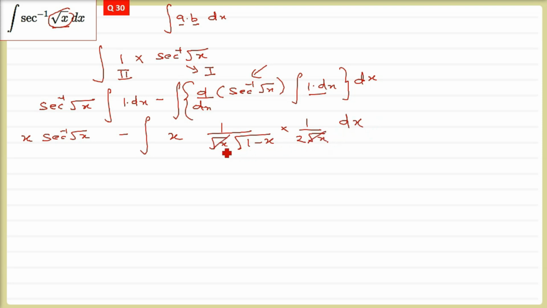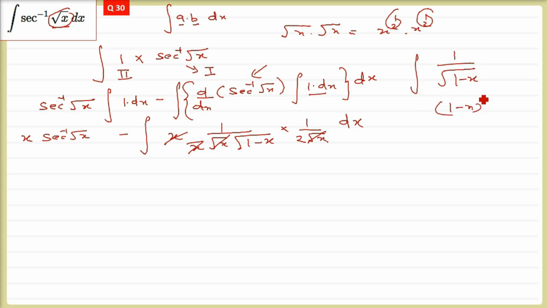Now under root x multiplied will give you x, because under root means power of half: x to the power half, x to the power half. When you multiply this, the halves get added and it will become 1. So this under root x can be cancelled with the numerator, and we are only left with 1 by under root 1 minus x. Now under root 1 minus x has already been done as an integration, because it's simply 1 minus x to the power minus half.